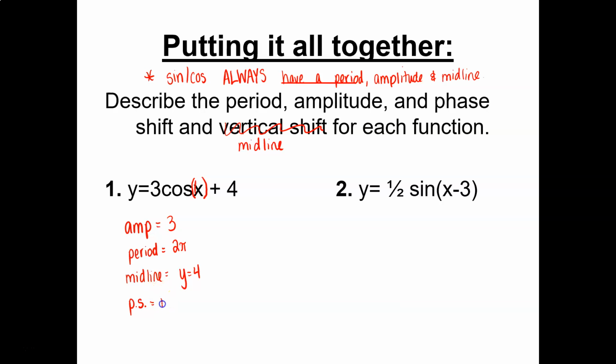No, there is none. So you do not have a phase shift for this one. To have a phase shift, we would have had to have a number added or subtracted to that x on the inside there. Okay, questions?